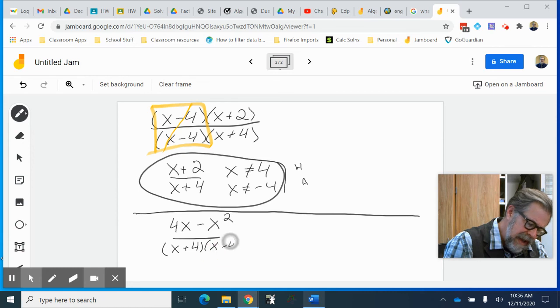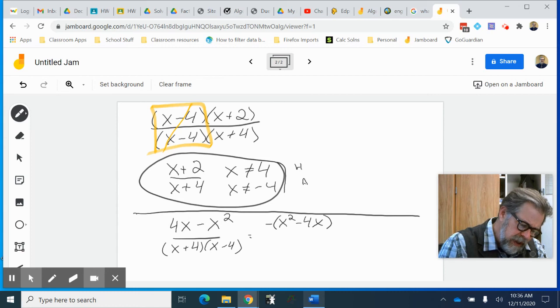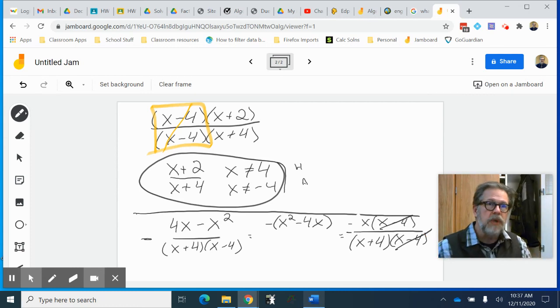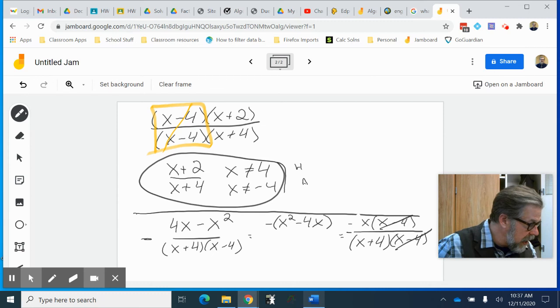And you may have noticed that this is the same as the negative of x squared minus 4x, and that is the negative of x times x minus 4. Since this is all over x plus 4, x minus 4, we actually could have simplified that right off the bat. But I didn't want to because I wanted to show you the process for subtraction.